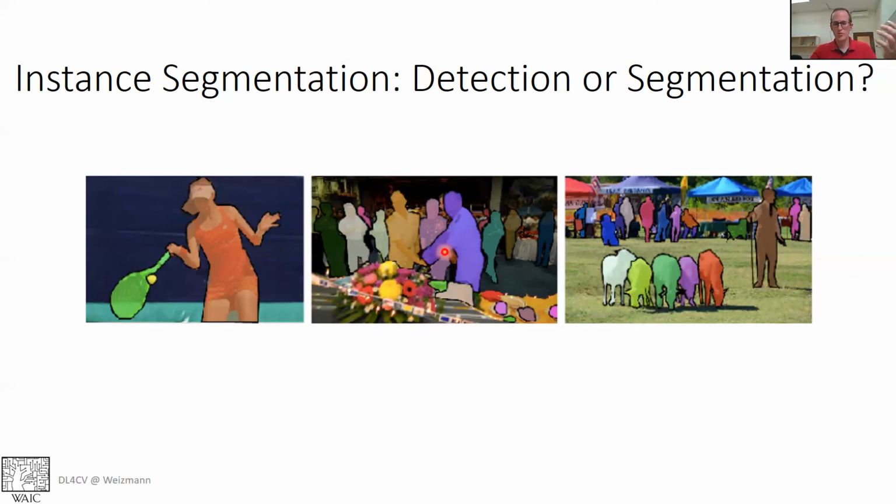There are many more labels here than just the number of classes, because these all have the same class, but they should have different outputs, different predictions. So what we need here is a combination of the ability of the detection framework to output multiple objects and the ability of semantic segmentation to have per pixel labels.